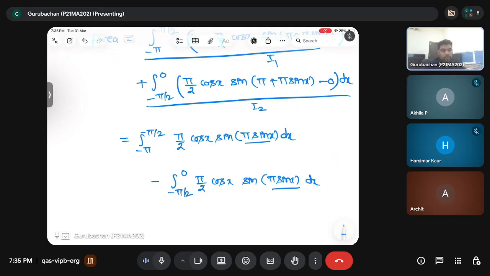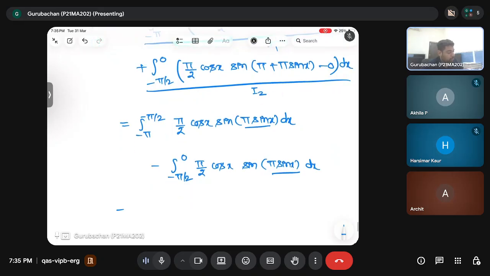What will be the differentiation? Pi cos x. If I'm not substituting, the limit will remain the same. So I'm directly writing 1 by 2 here, pi cos x is the differentiation, pi cos x dx will be du obviously, and this will be sine of u. So what will be the differentiation? Minus cos of u, and what is the value of u?